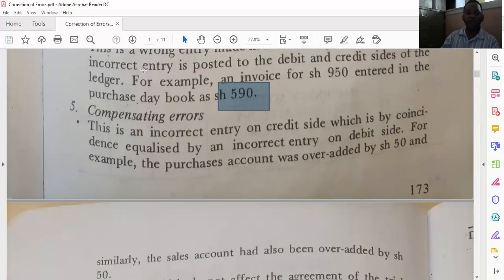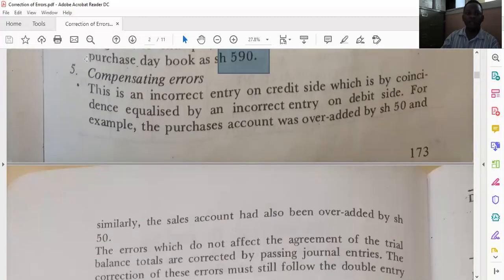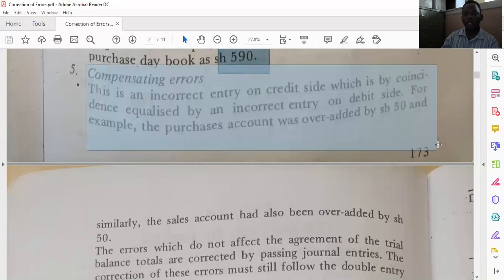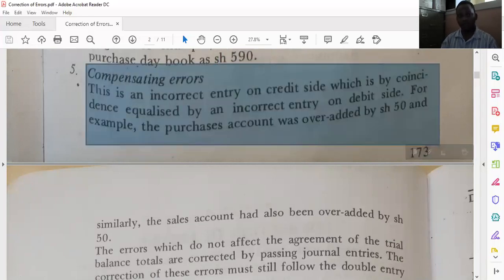And then the fifth type of error that is not affecting the trial balance is compensating errors. Compensating errors are those which compensate each other. So you make an error here, and by coincidence, you make another error somewhere else that compensates this error. Yeah.